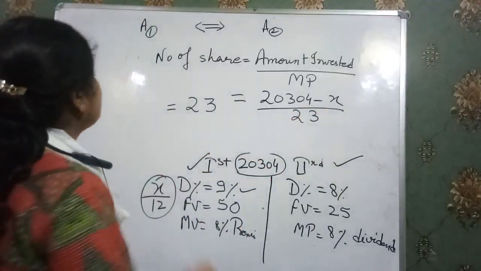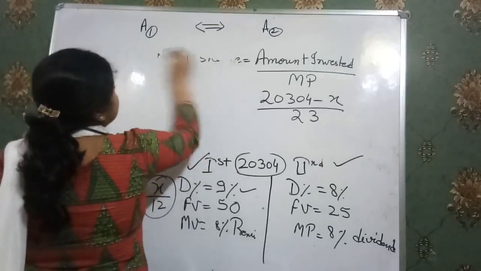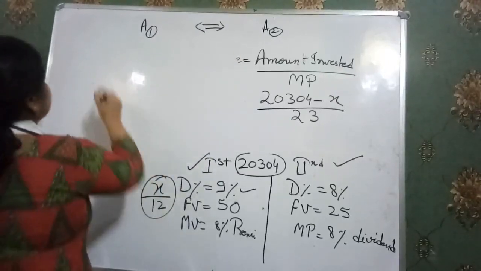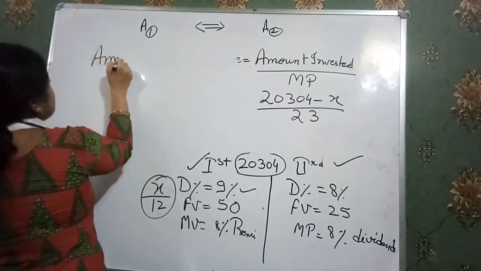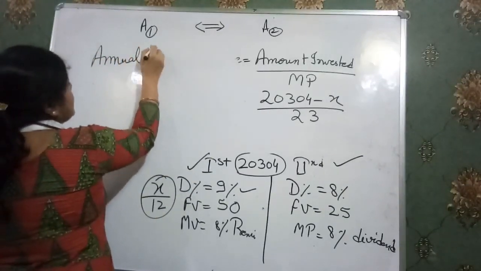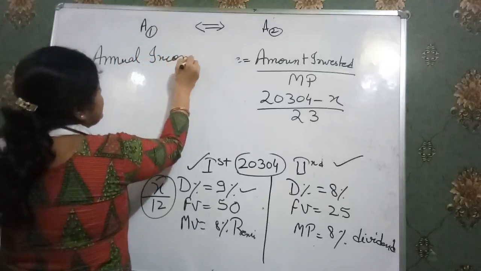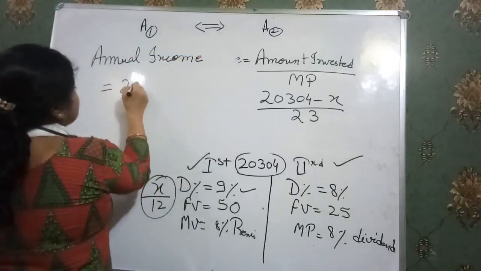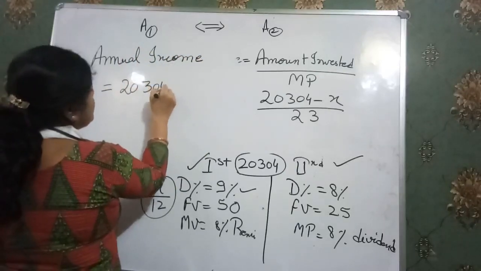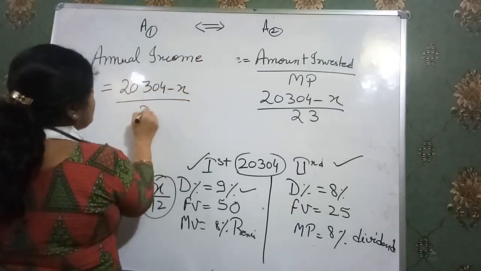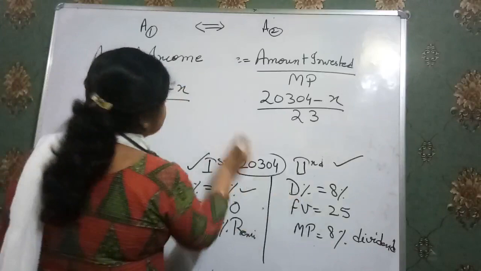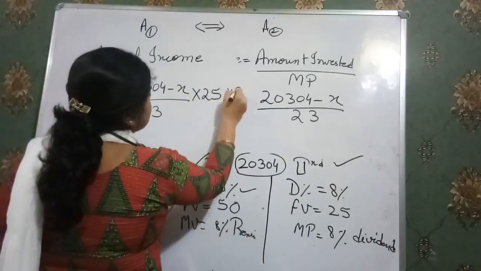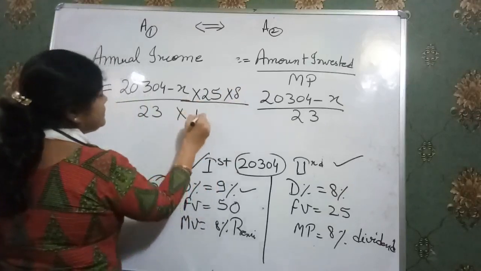Now we have to find the annual dividend in the second company. Annual income or dividend, you can write anything. So we have the number of shares, 20304 minus x over 23, the market value is 25 and the dividend here is 8 over 100.